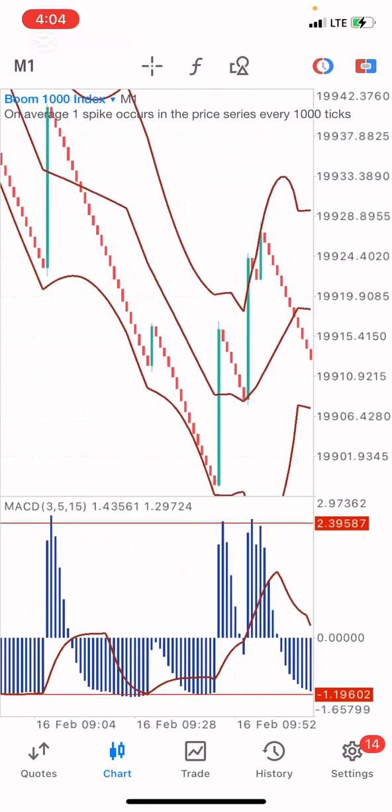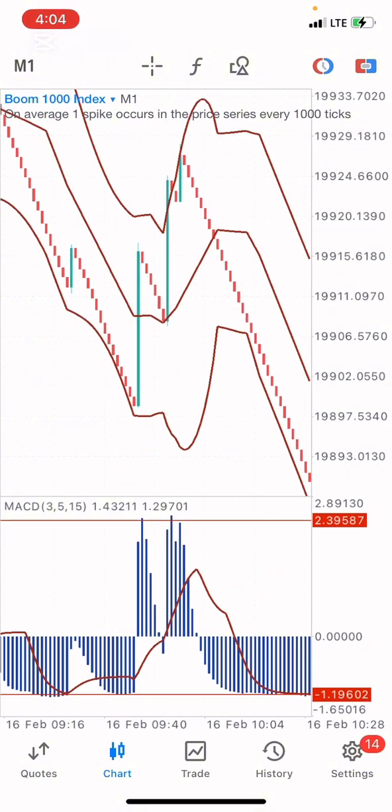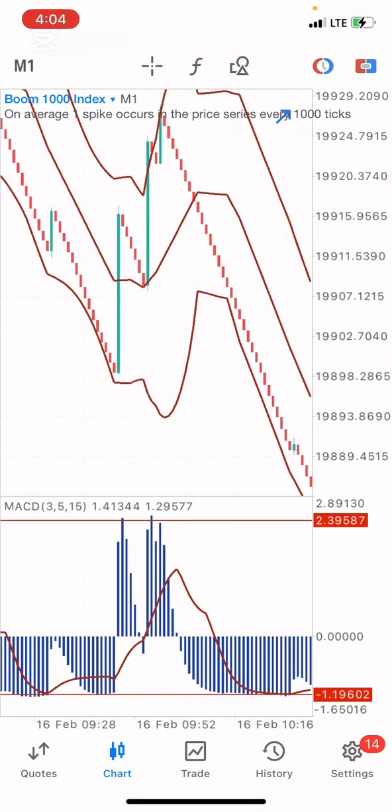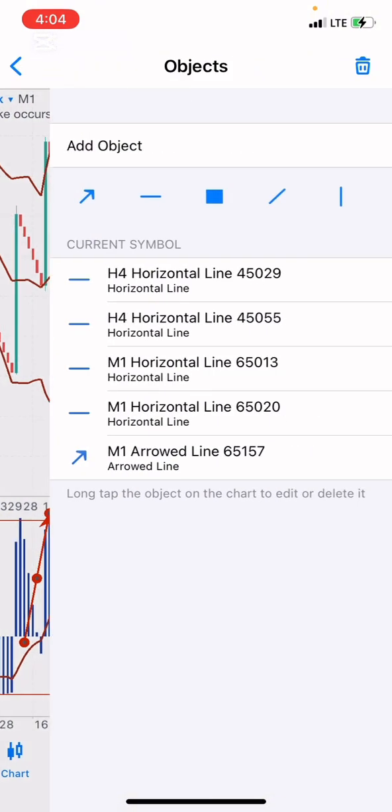Now, when price has done something like this, I think this is the first setup I've seen here since I started making this video. This is the first appropriate setup for this strategy. Now, when you see the main line of the MACD indicator cross this MACD support and resistance region, either of the two, right?